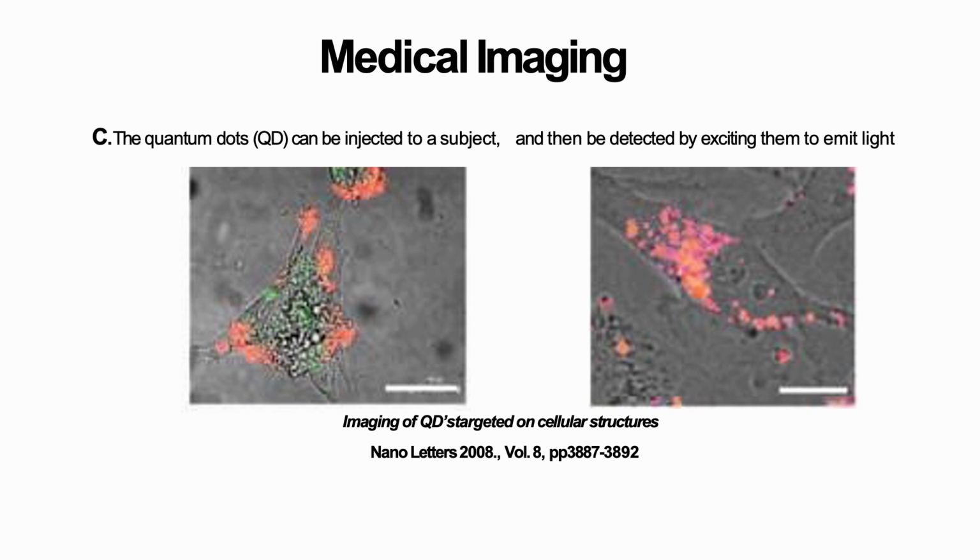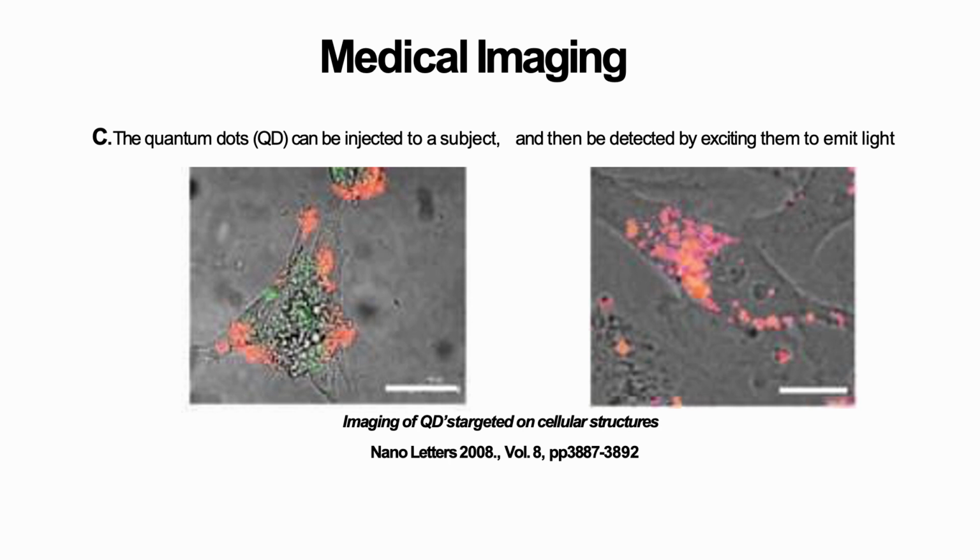Now here we can see the quantum dots that can be injected into a subject and then be detected by exciting them to emit light. You can see different structures here. These are images of quantum dots targeted on cellular structures.